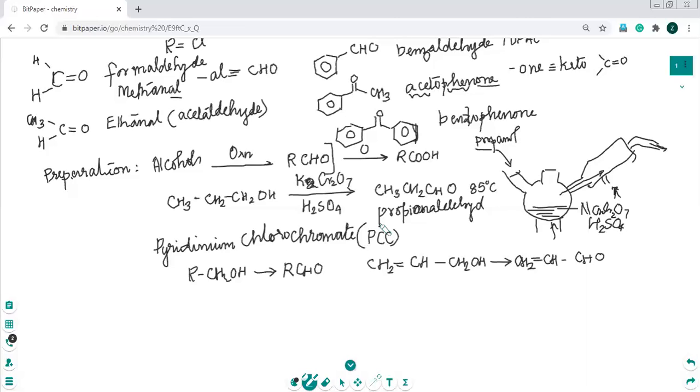So that is the oxidation of alcohols. Suppose you are using a secondary alcohol, for example CH3CHOHCH3.